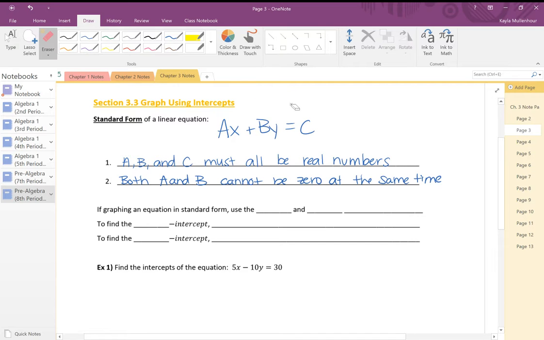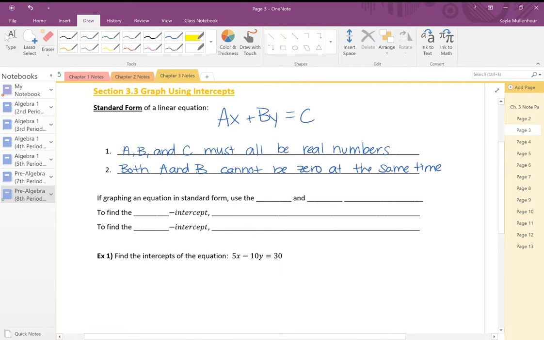That's not even true. So both a and b can't be 0 at the same time, but one of them could be. So if a is 0, 0 times x just gives you 0, and then you might have like 6y equals 12, and then y would equal 2, and we're going to do that in a second. So just a couple rules there that you need to know.